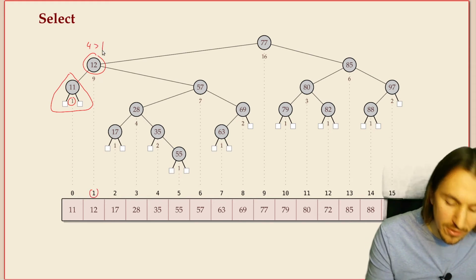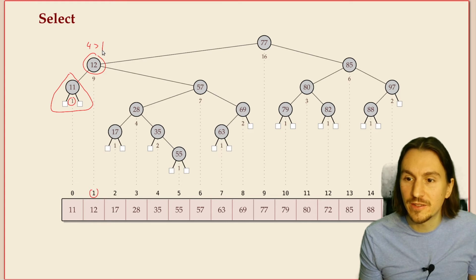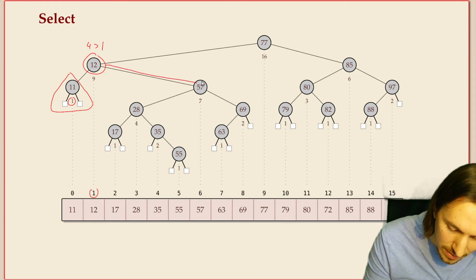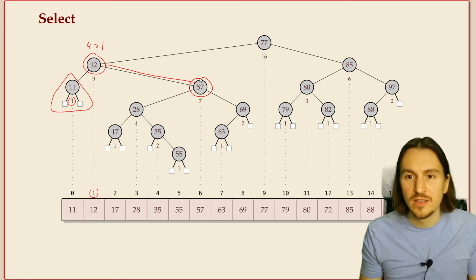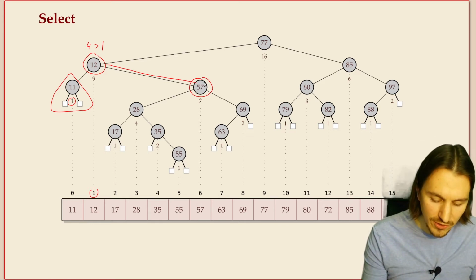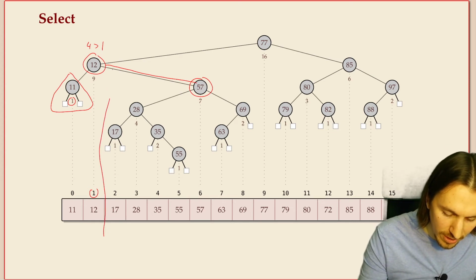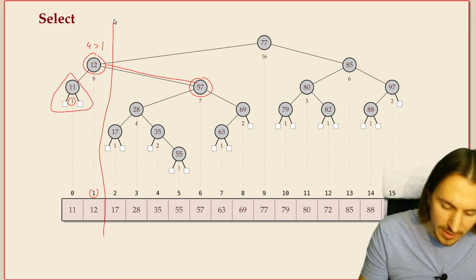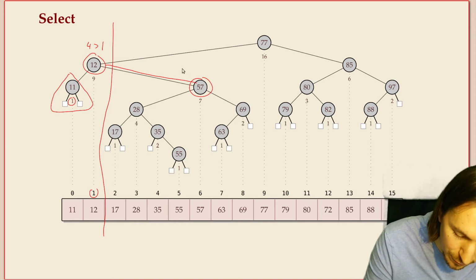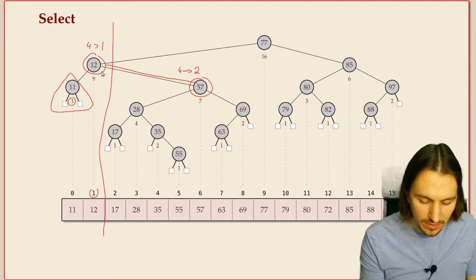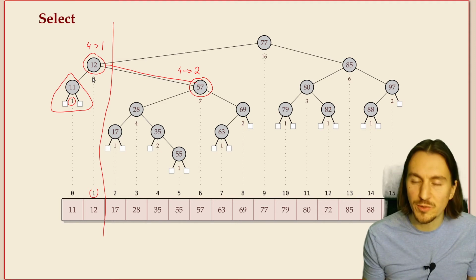But 4 is bigger than 1, so we have to go to the right and continue here. Now here we have to be careful. As soon as we go into this subtree, we're cutting off these 2 nodes. So we have to adjust, instead of 4, we now search 2. You have to subtract the rank of the node plus 1.